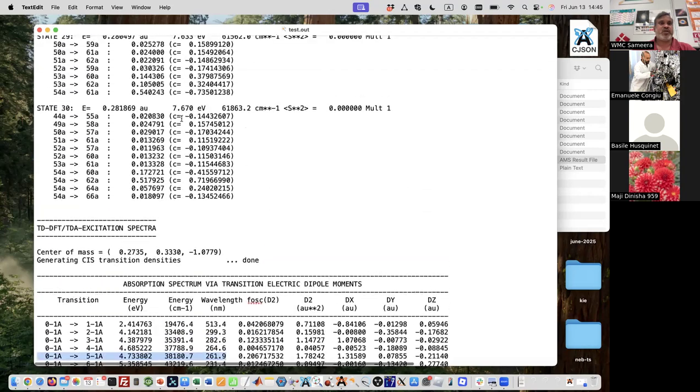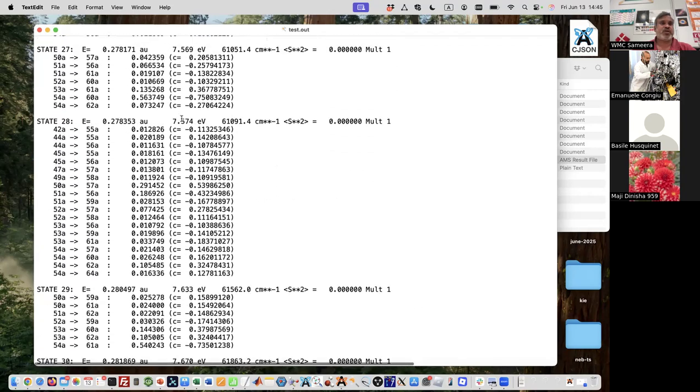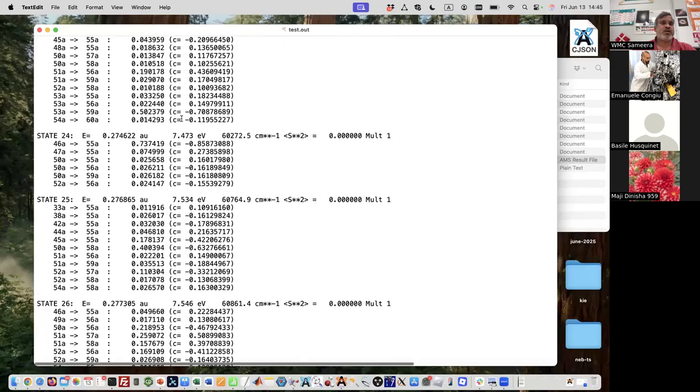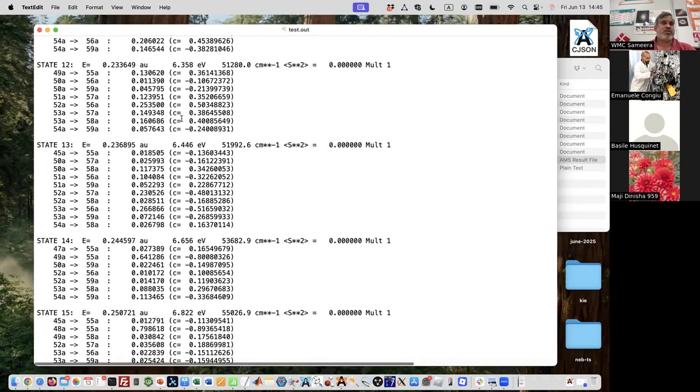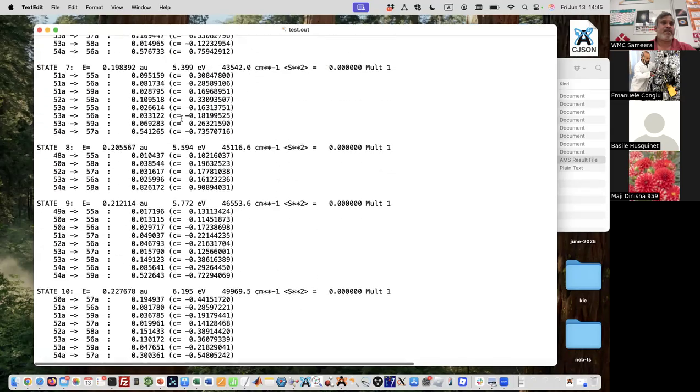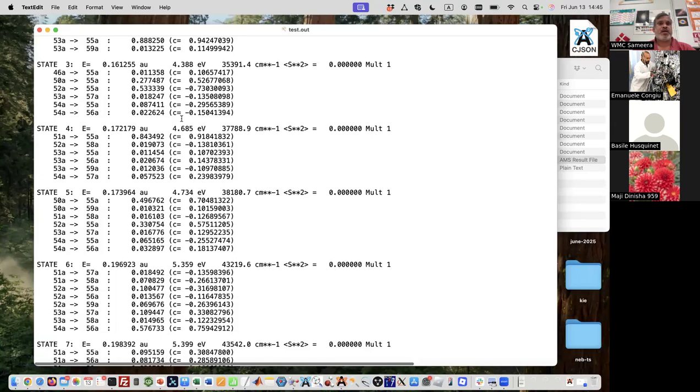So then you can look at the corresponding orbitals in the fifth excitation. Yeah, okay. Now you can see this excitation, the fifth excitation, is one of the dominant excitations, and you can see several orbital transitions during this excitation.